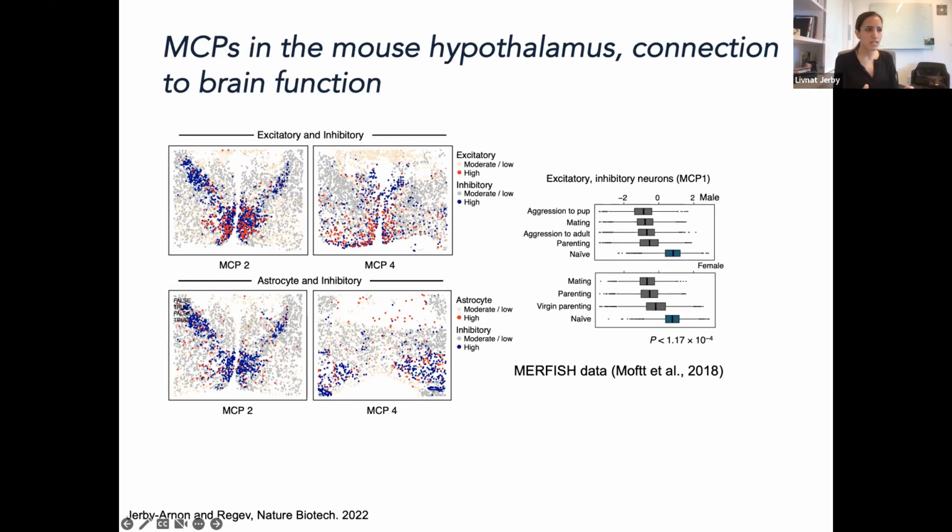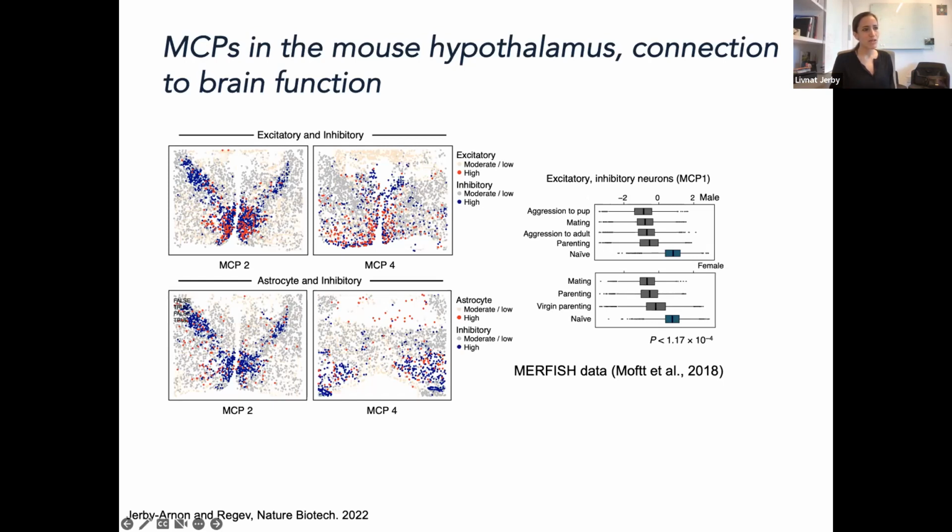Now, I remind you, this data includes only 130 genes. So perhaps that explains why we couldn't be even more granular. It is curious to see whether we're going to identify behavior-specific MCPs once we have larger cohorts, and we're certainly heading in that direction in terms of the technology.